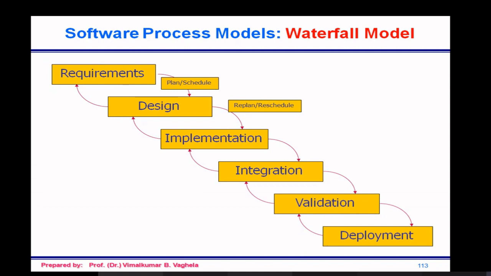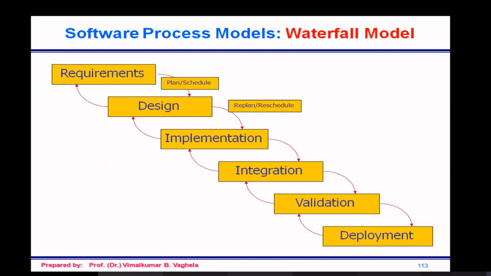Whatever I am discussing is not a verbal thing. Everything must be documented, and there are predefined templates or standards for writing all these phases into the documentation. Because documentation is the most important part in the software industry. If your documentation is poor, then the reusability of the software will not be available in future.